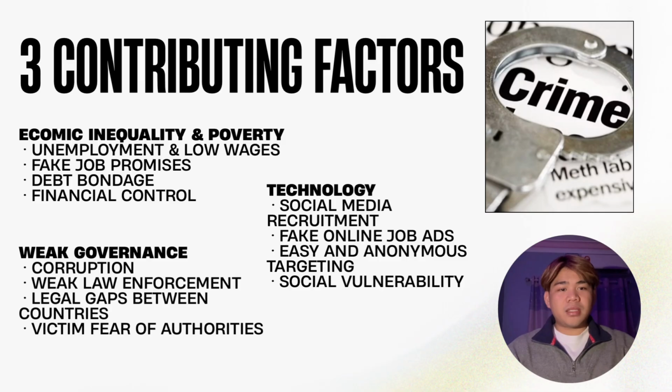The third factor is technological advancement and social vulnerability. Traffickers use social media and online job advertisements to recruit victims quickly and anonymously. People who are isolated, undocumented, or unaware of their rights are easier to control and manipulate.